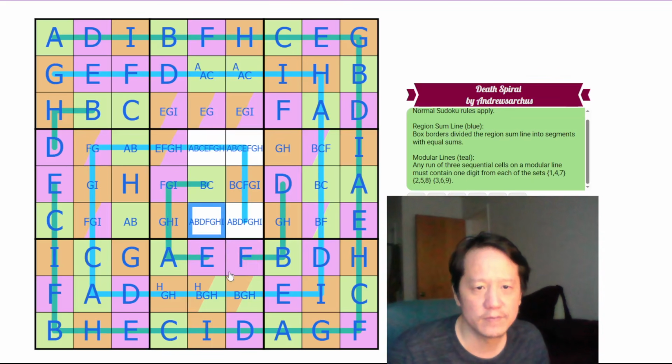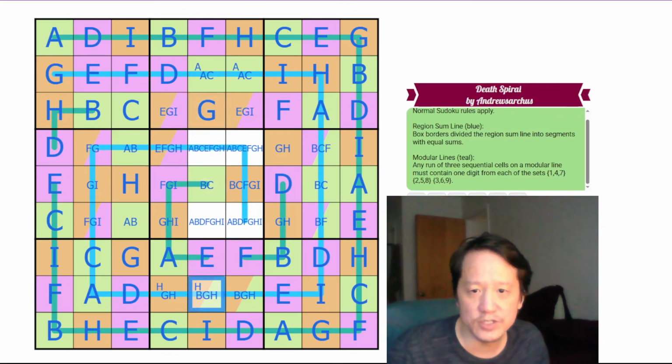Okay, that's good. E eliminates E here, so that's G, which is not pink, it's green. So these can't be orange. Sorry, it's not green, it's orange. This can't be... Hold up. Yeah, so this is orange. That's not helpful. Okay, never mind.